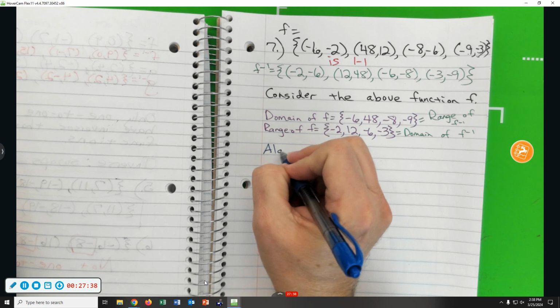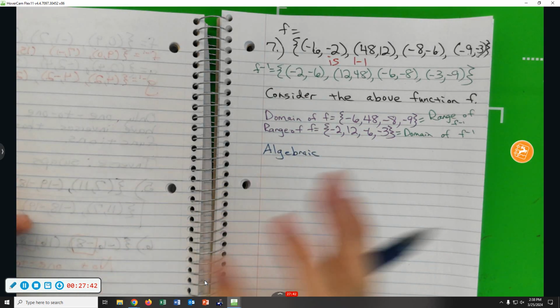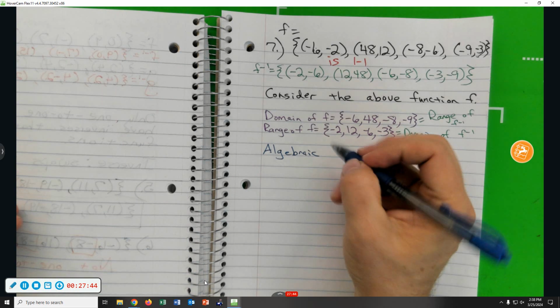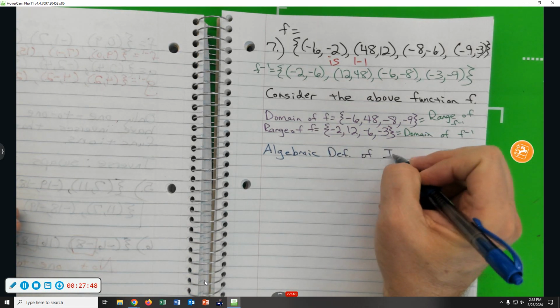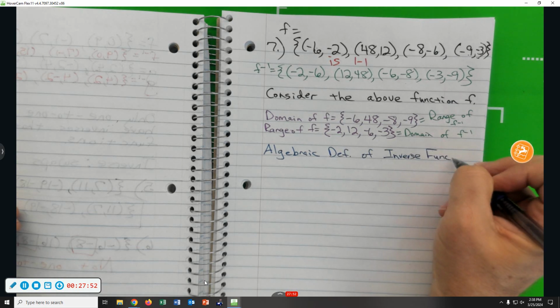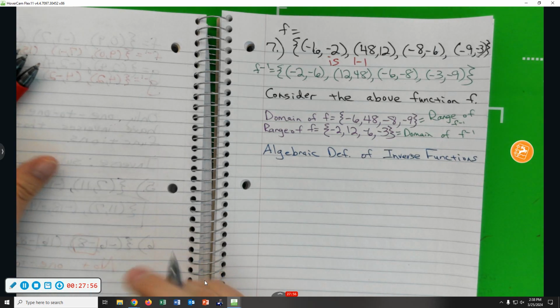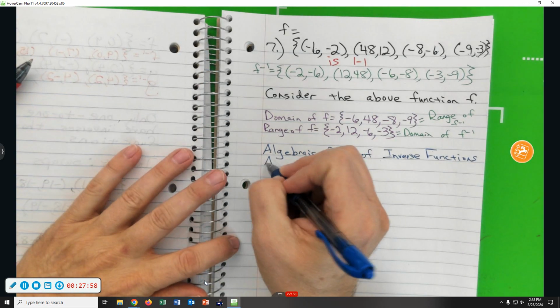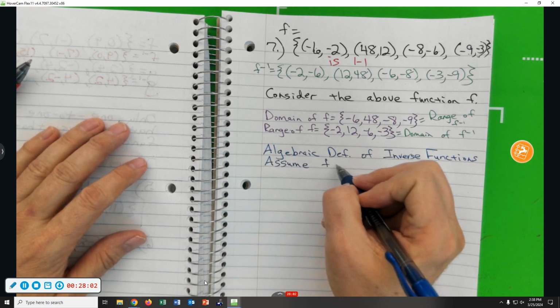Although you know the intuitive notion of an inverse, it's just swapping the x and the y. Algebraic definition of inverse functions. Let's assume f and g are 1-to-1 functions.